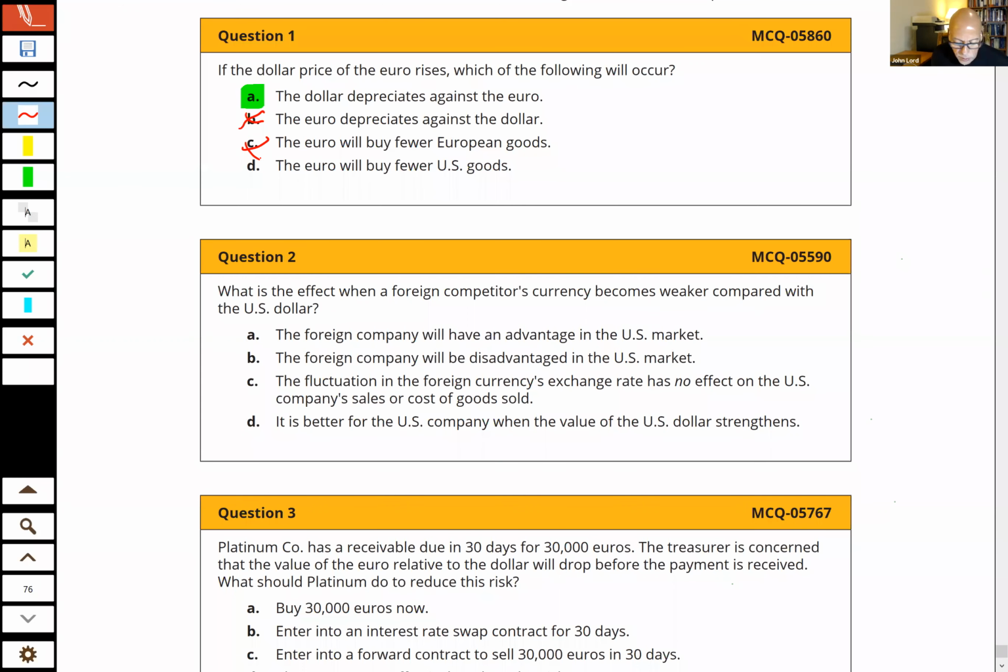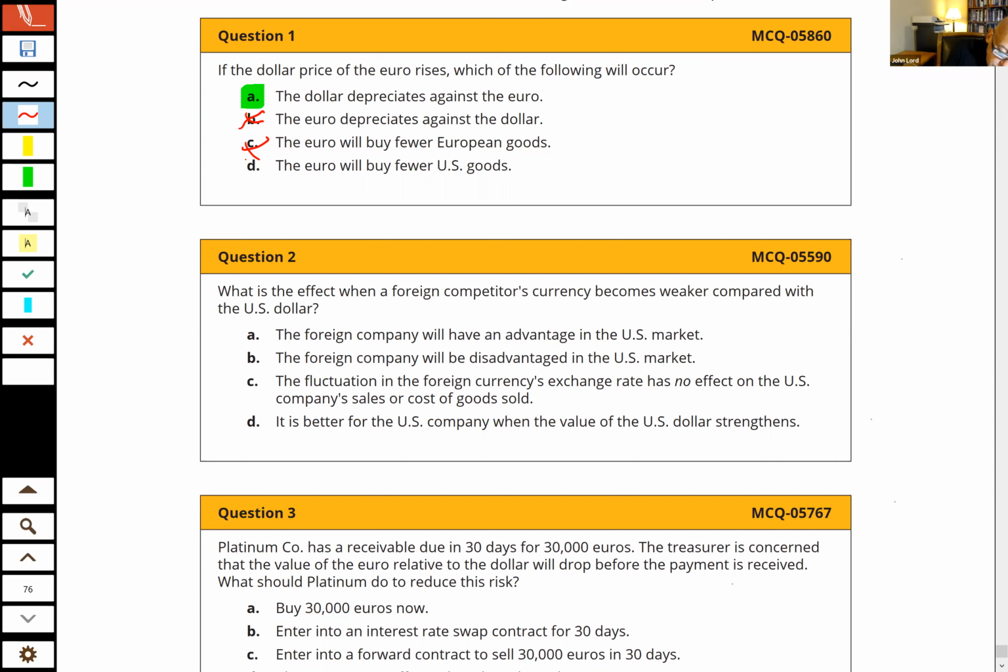And then D, the euro will buy fewer US goods. No, the euro will do what? Buy more US goods, because you're going to be able to acquire more euros with the more dollars. And so you will probably buy more US goods.